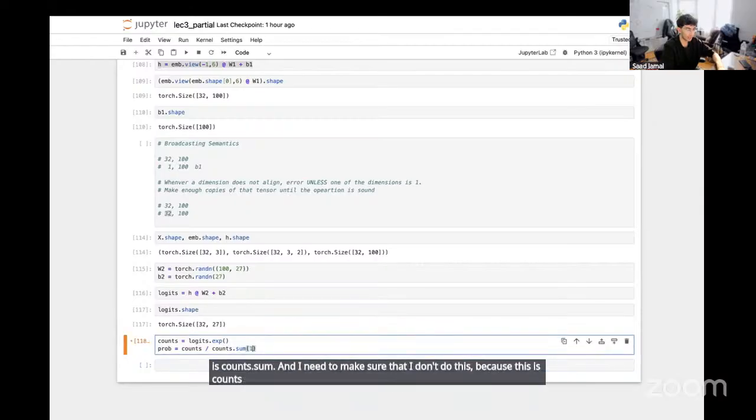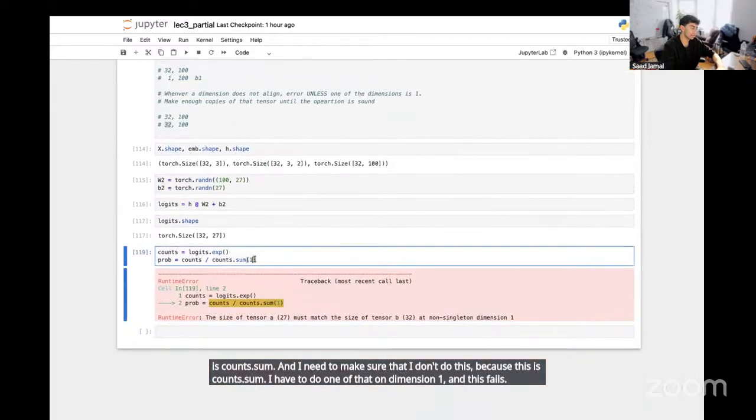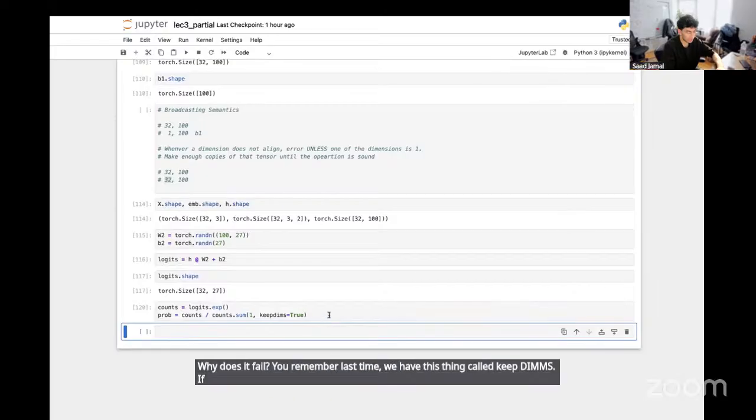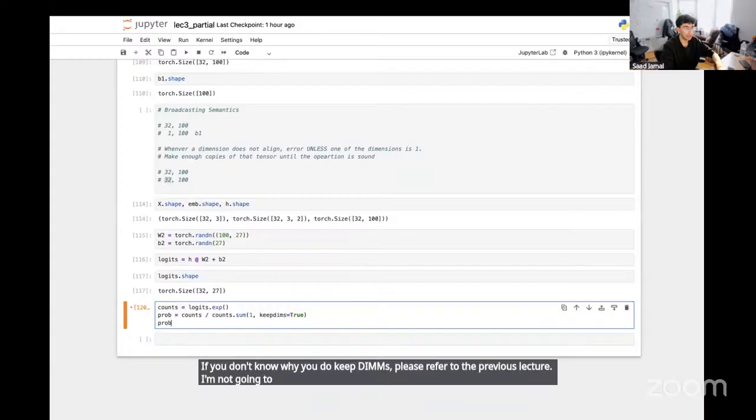I have to do this on dimension one, and this fails. Why does it fail? If you remember last time, we have this thing called keepdims. If you don't know why you use keepdims, please refer to the previous lecture. I'm not going to explain it again, but just trust me that you have to make sure the dimension is not reduced. The reason the dimension is 1 over here is because I have 32 examples, and I don't want to sum column-wise.